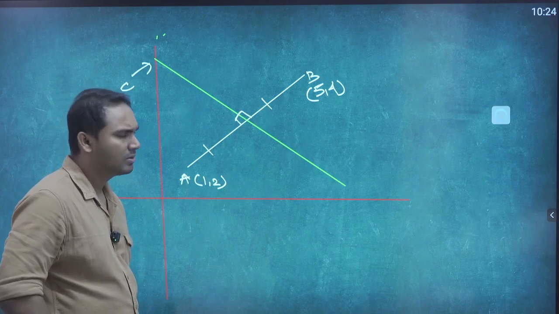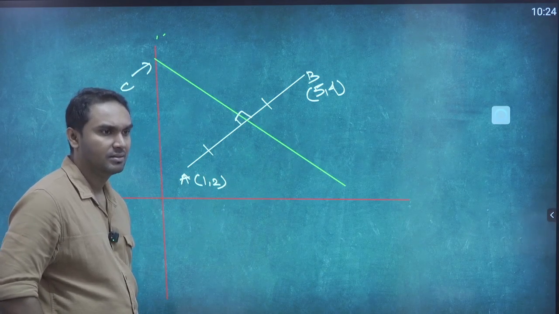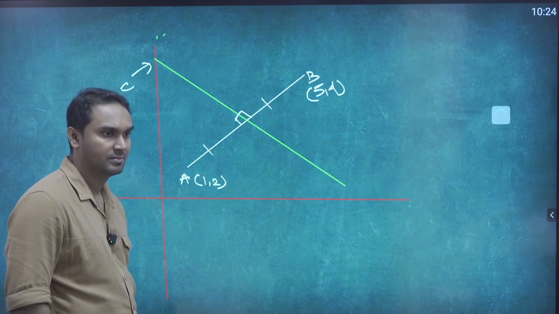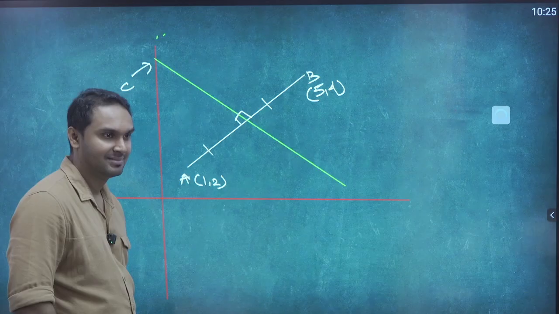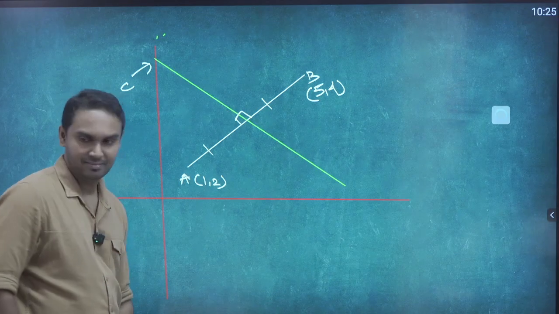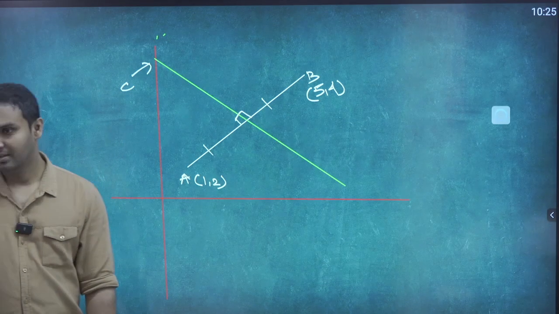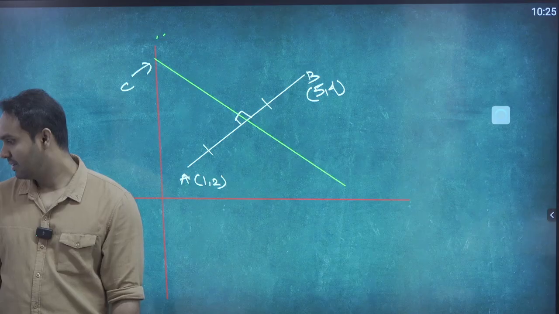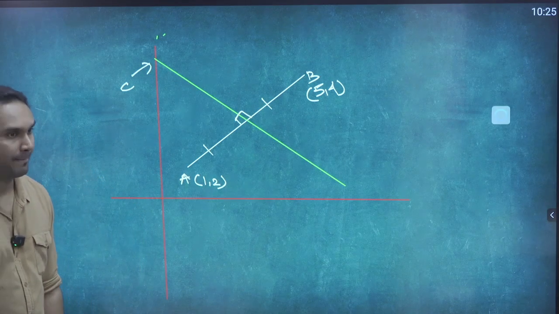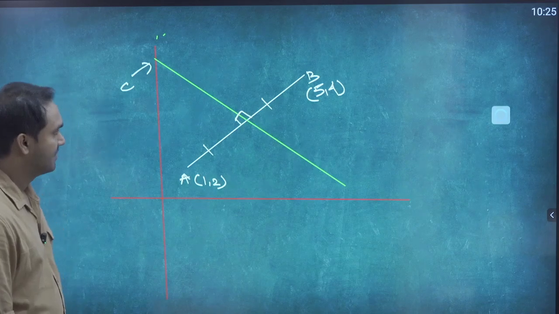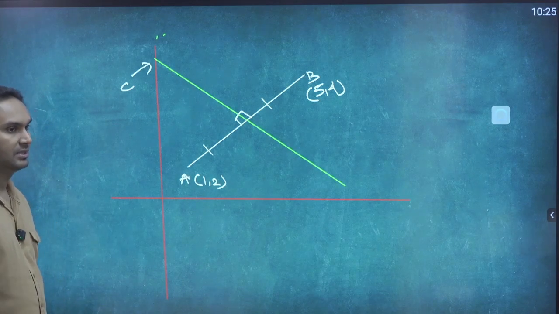M1 and M2 are not the points, they are the gradients. What can you do? You have any answers? What can you do? Now you already know the theory.